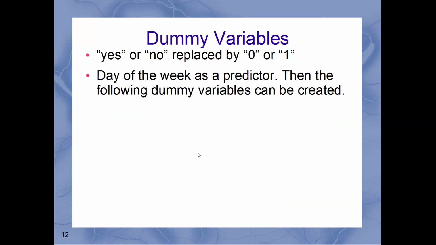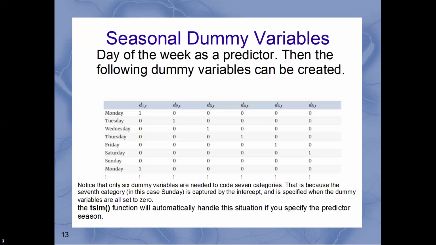We also want to talk about something called dummy variables. This is where a yes or no is replaced by 0 or 1. For example, if we look at the day of the week as a predictor, then the following dummy variables can be created: D1T, D2T, D3T, D4T, D5T, and D6T.